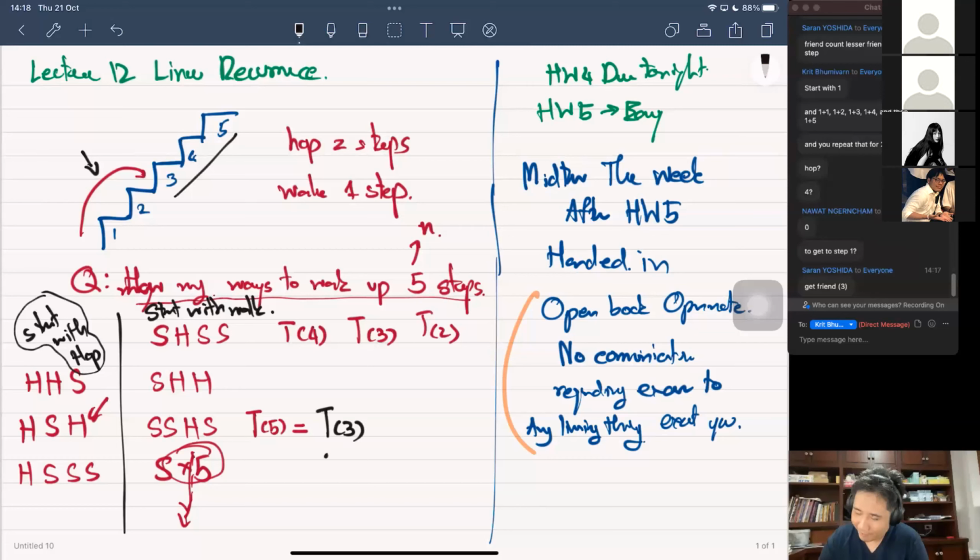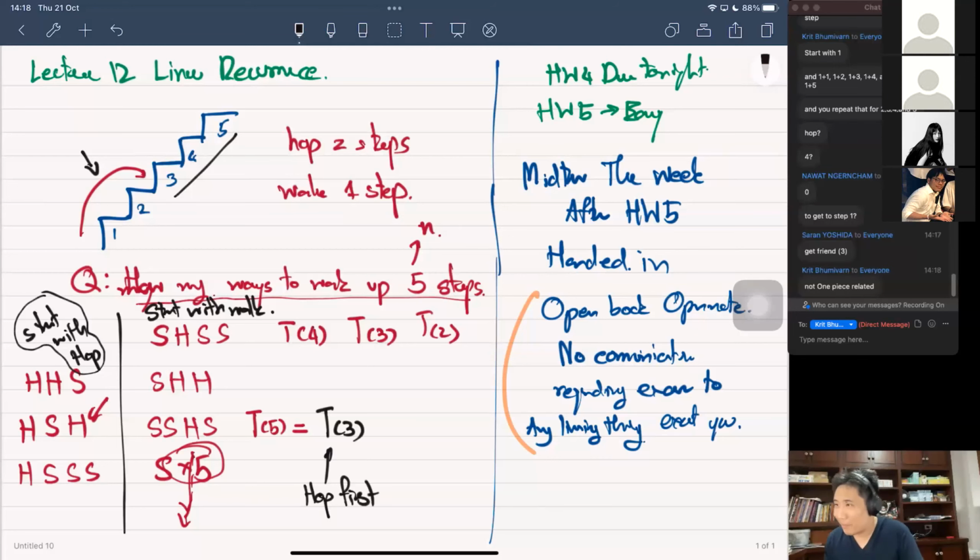So this thing is hop first, the number of ways that you hop first. T5 is T3.